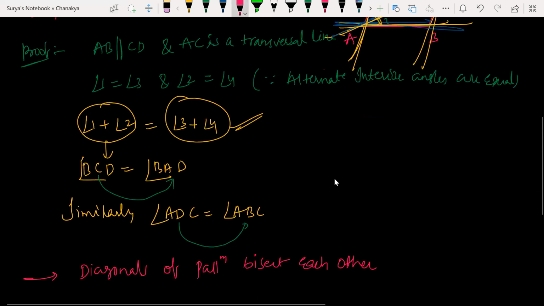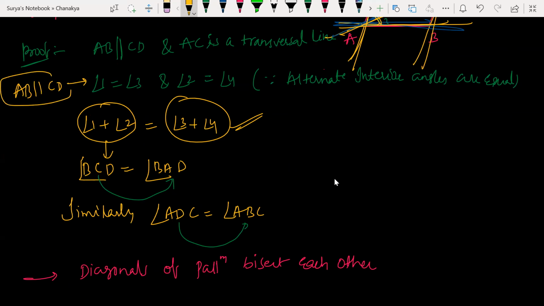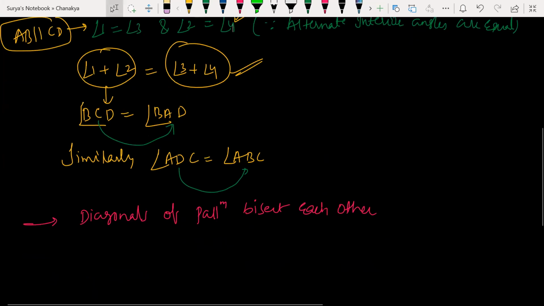Look at this here. We got 1 is equal to 3 if AB is parallel to CD. If AB is parallel to CD, this is what is happening. If BC is parallel to DA, this is what is happening. Yes or no? Clear?